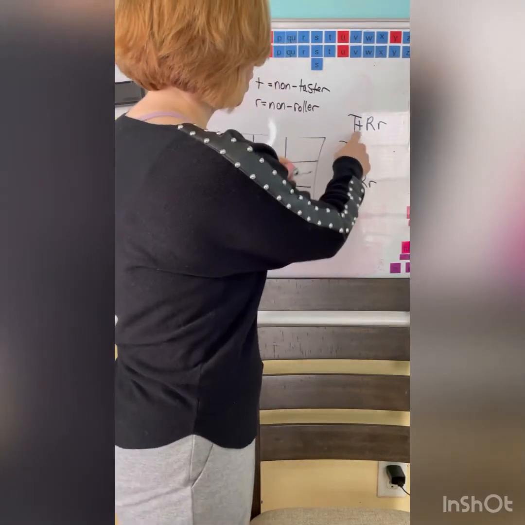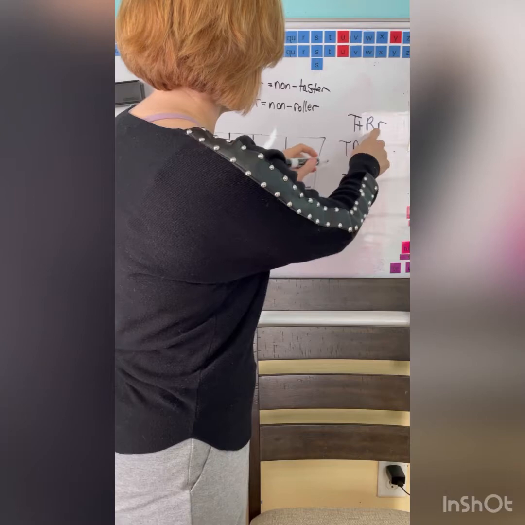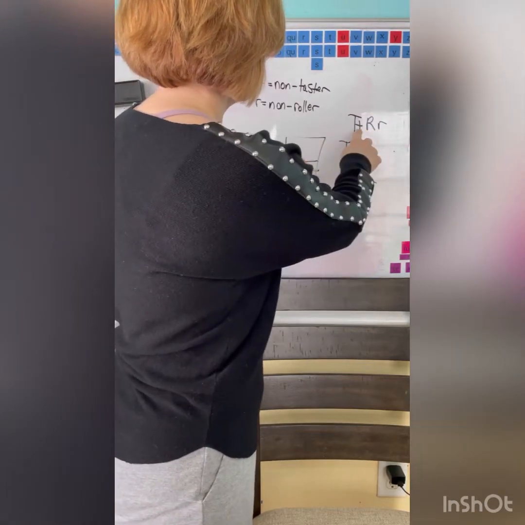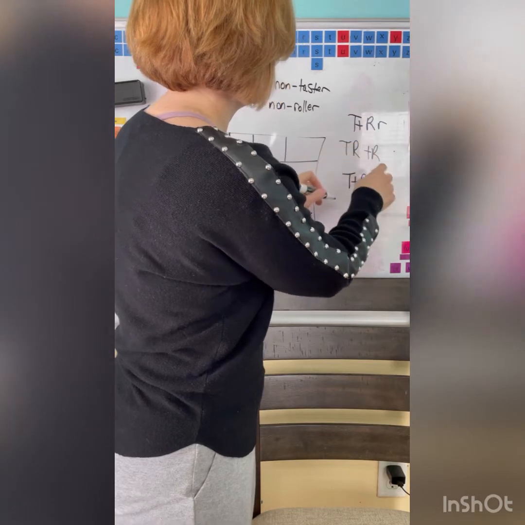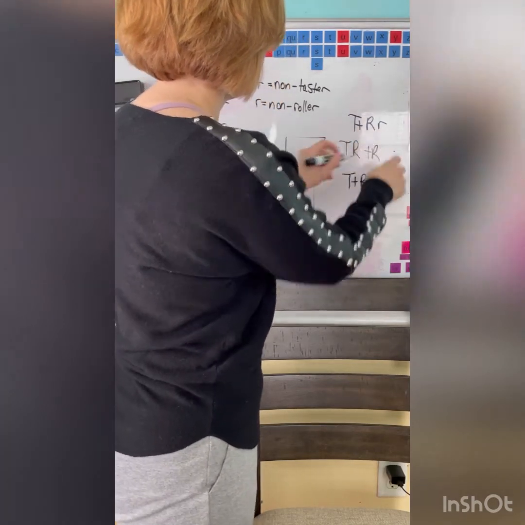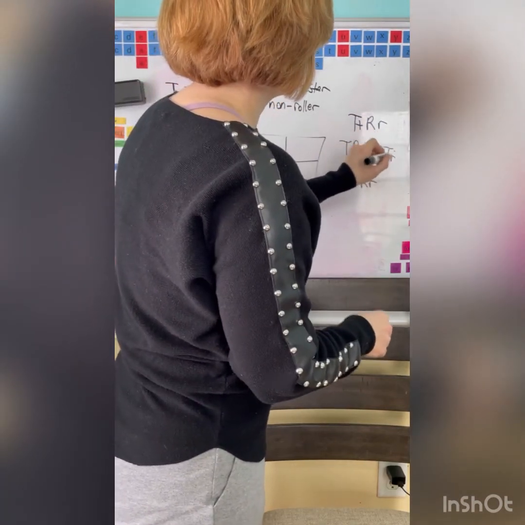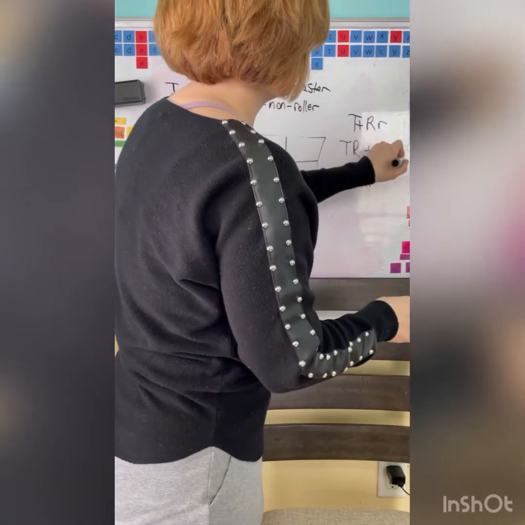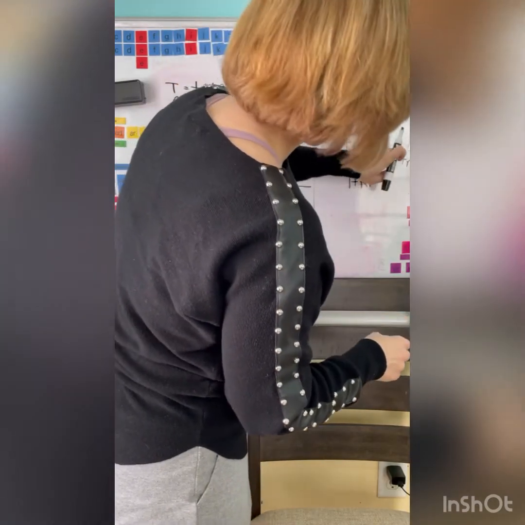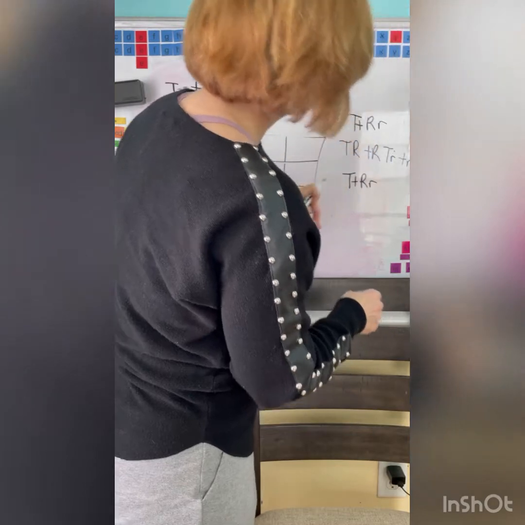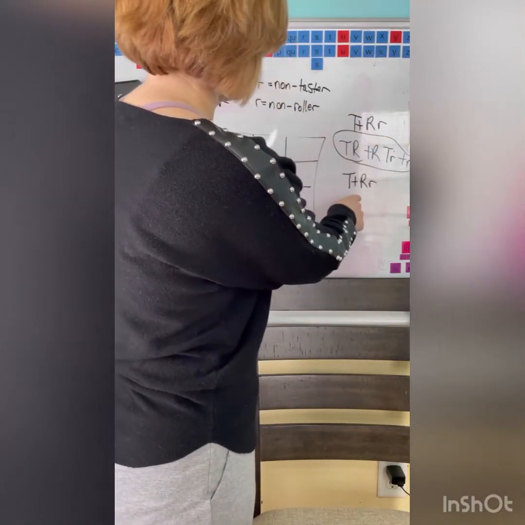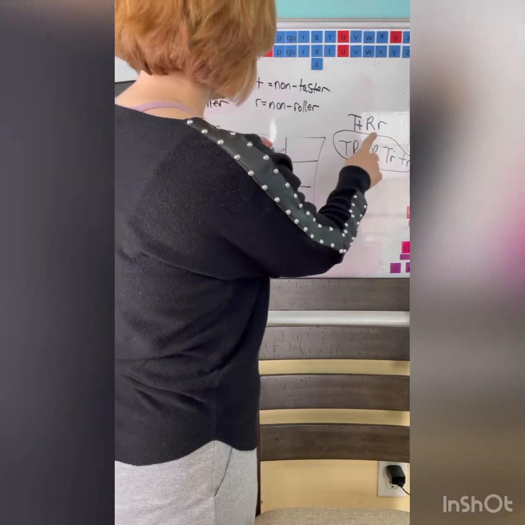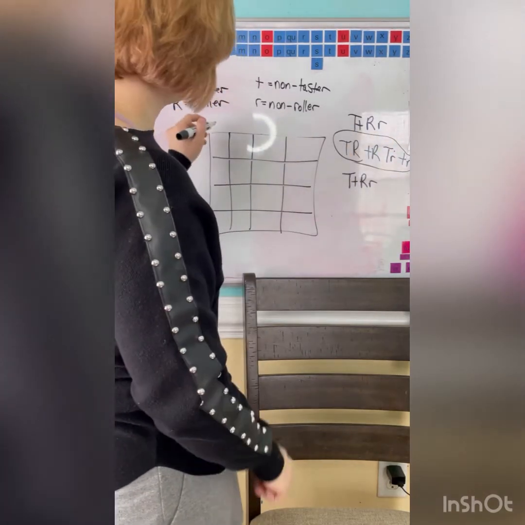Okay, we could have this one with that, or this one with the big R. We could also have the big T, little r, and little t, little r. Okay, so it would be the same for this one because it's the exact same genotype. So we're going to put these across the top and across the side.